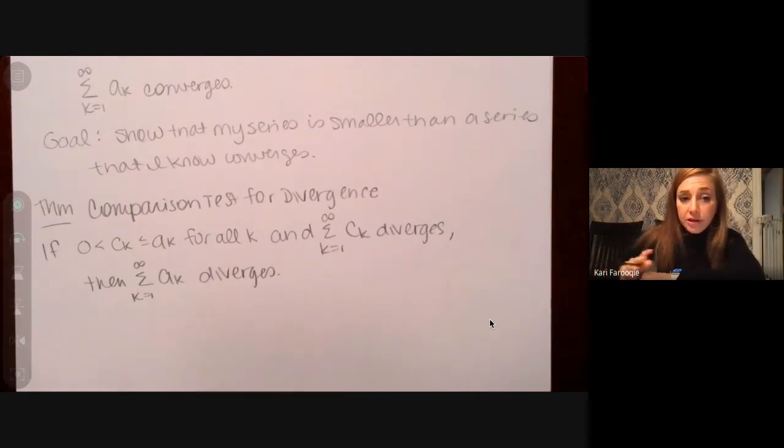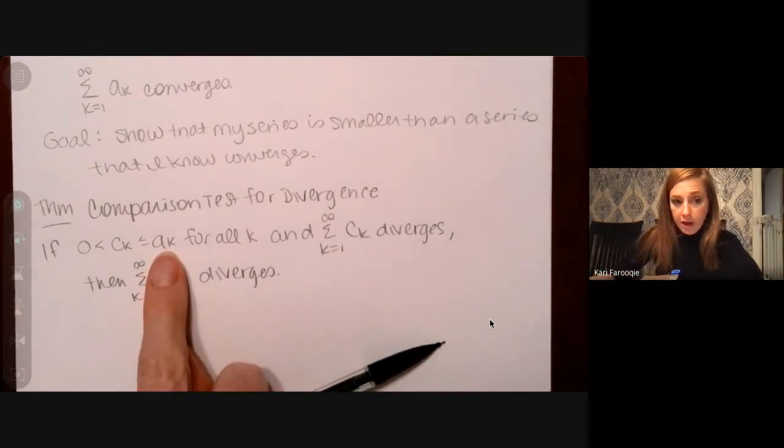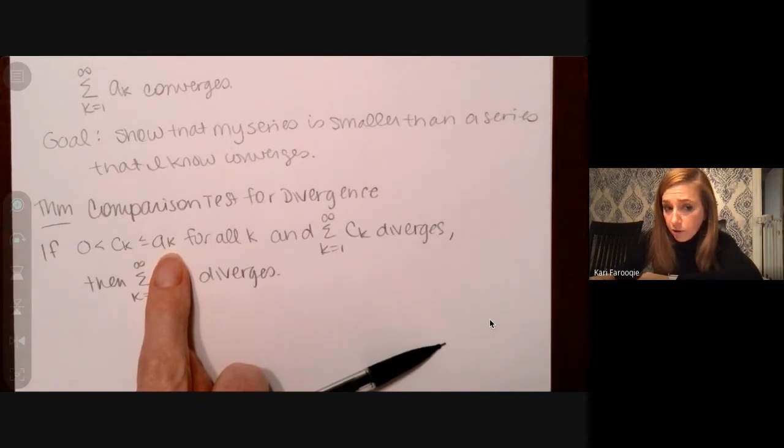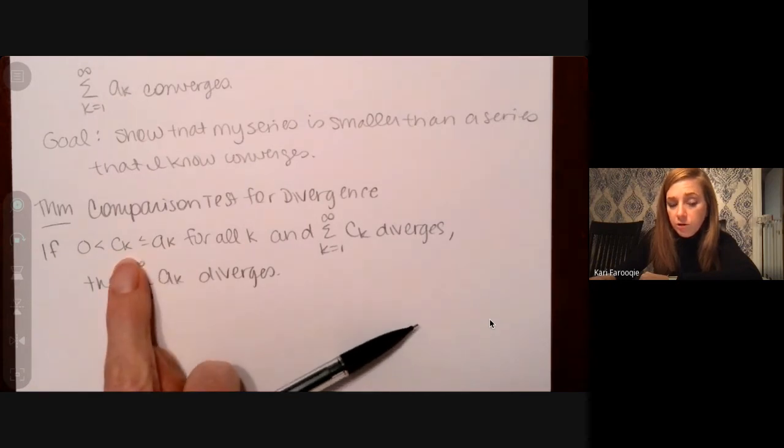So imagine that your series is A sub k and you think it's going to diverge. You have that suspicion because you've been looking at series and now you're getting an idea for what's happening with them. You think your series is going to diverge. You need to show that it's greater than another series that you know diverges.